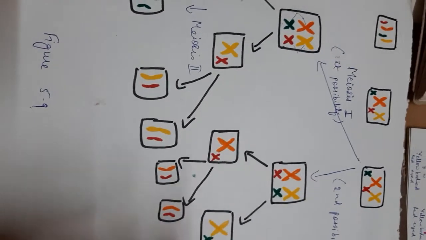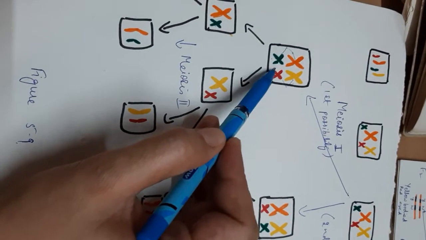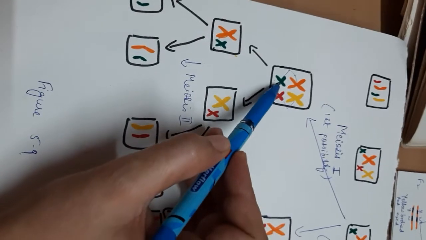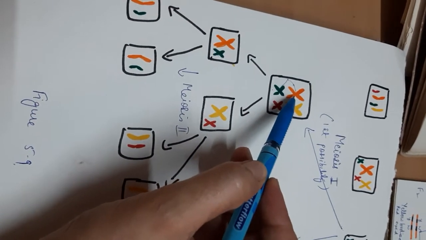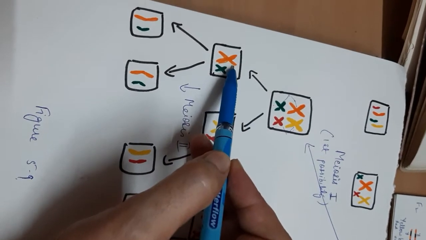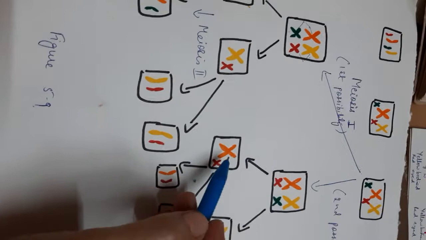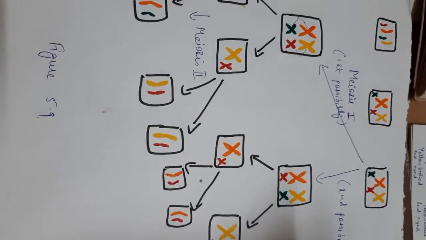So you can say that the segregation of this pair is independent of this pair. This green chromosome is not dependent on the orange chromosome. It is not necessary that the green chromosome will always go with the orange chromosome, right? Because each pair is independent of the other pair.